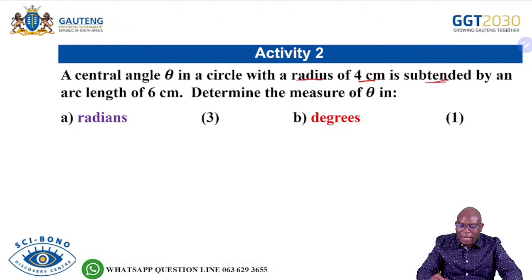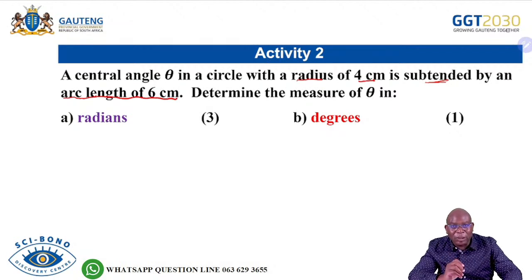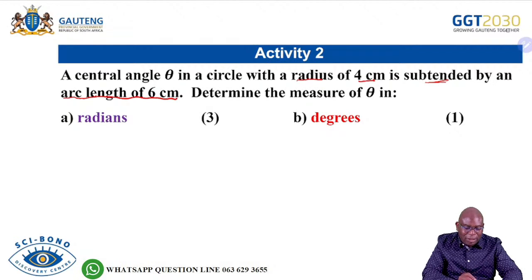In other words, I have a circle which is subtended by an arc length of 6 centimeters. A says you must determine the measure of theta in radians. You see, now they want it in radians first. So how do I calculate that in radians? I write down the formula.